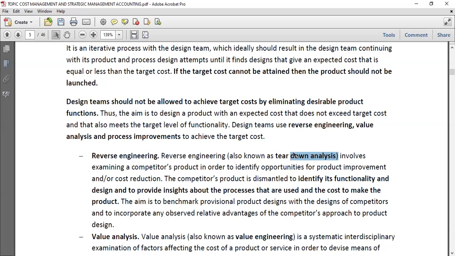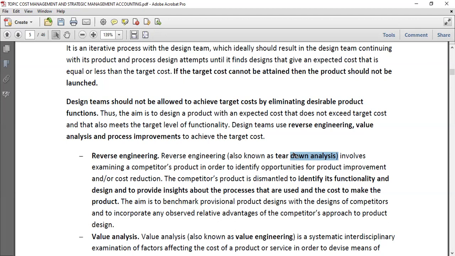By examining the competitor's product, we are dismantling it to identify its functionality and design, to provide insights about the processes that are used, and also to understand the cost to make the product.